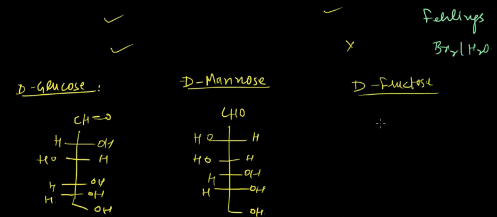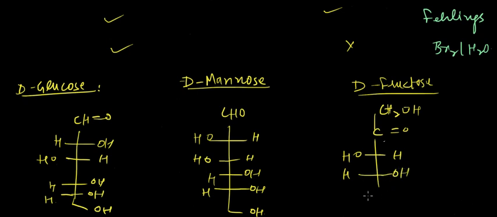Okay, what about D-fructose? D-fructose would be something like CH2OH here, and we have C double bond O here, and then we have HOH here, and HOH. Finally we have HOH and OH here.